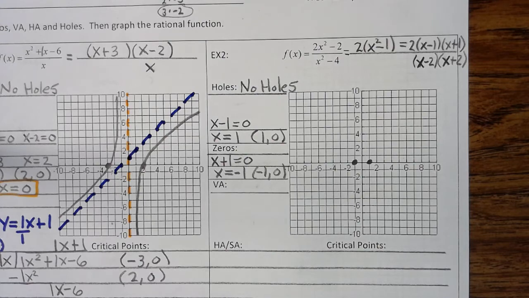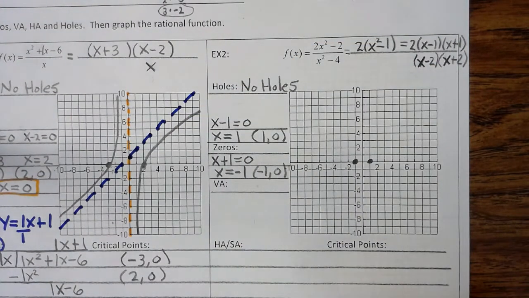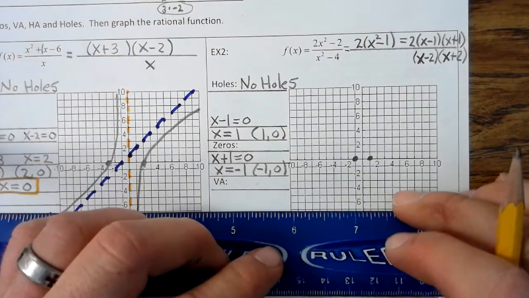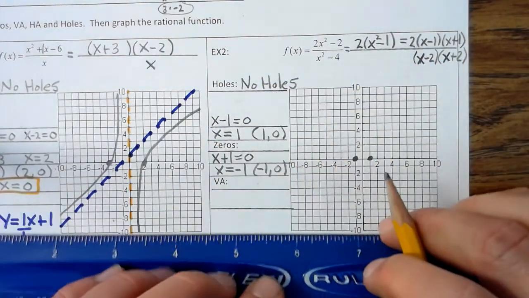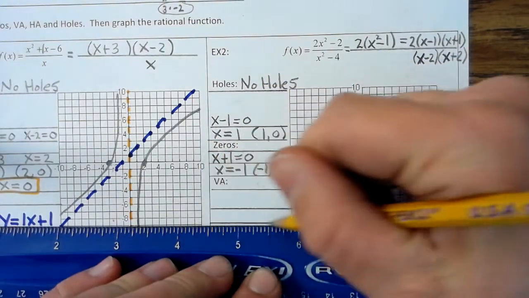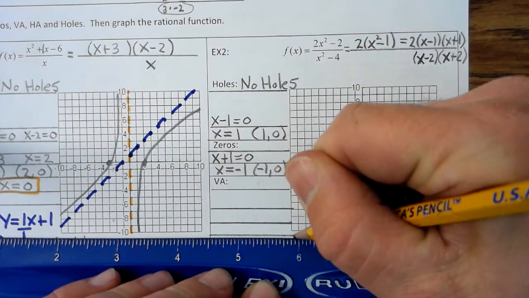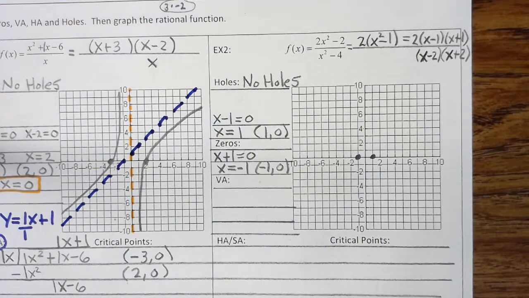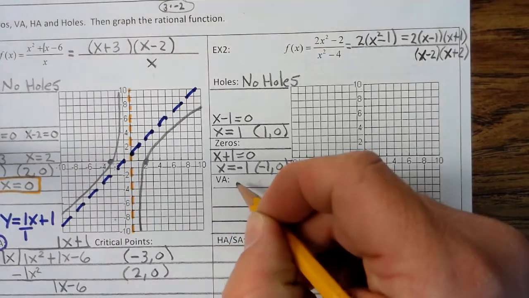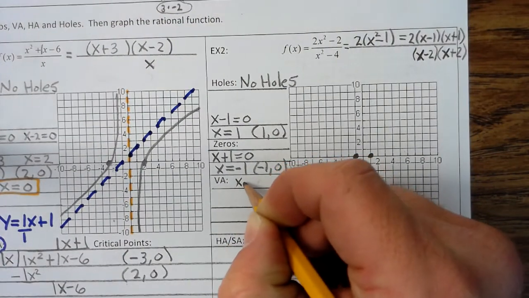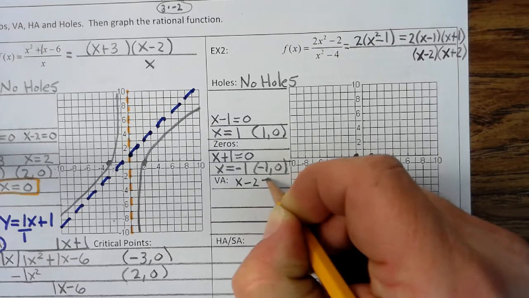All right, for the vertical asymptote, we set the denominator equal to 0, so we have x minus 2 equal to 0.